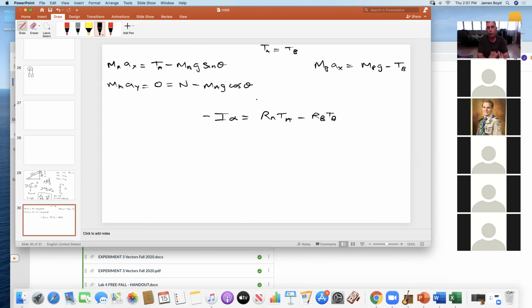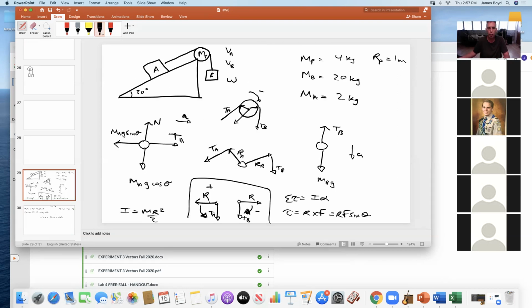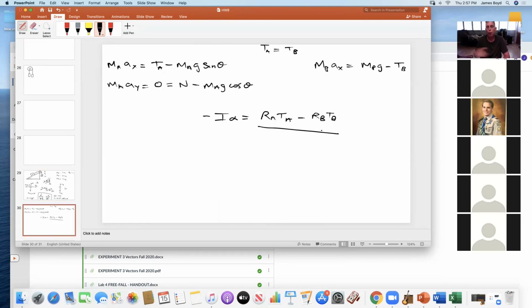So I hope you all see that that's why we write the torque diagram. What should be on the torque diagram is R and T and the sign of the torque. That way you can write this side of the equation really quickly. And then from there, we also use that A is equal to R alpha in this particular case.